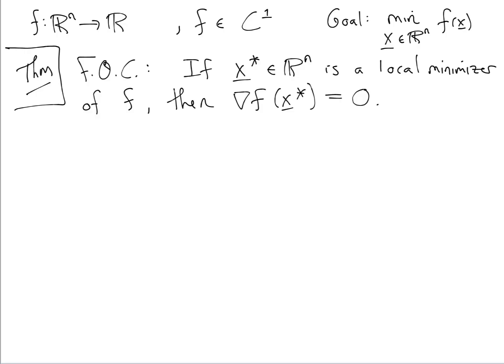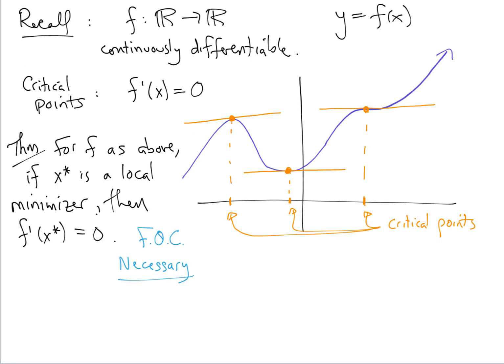Geometrically, this is just the higher dimensional version of what we had here. Here, the first order necessary condition for a local minimizer was that the tangent line be horizontal. That was equivalent to f prime of x being 0.